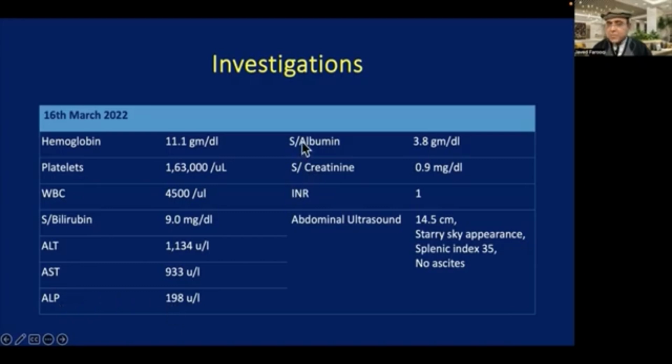Her serum albumin was 3.8 gram per deciliter. Serum creatinine was 0.9 milligram per deciliter. Her INR was 1, and abdominal ultrasound showed 4.5 centimeter liver span, and it was starry sky appearance. Splenic index was 35, and there was no ascites.